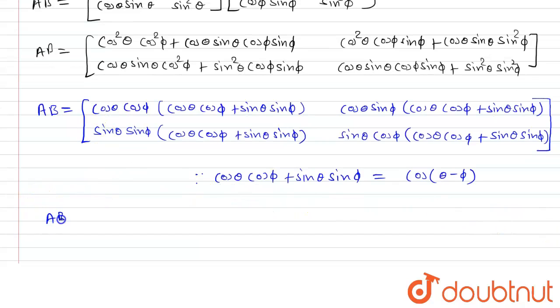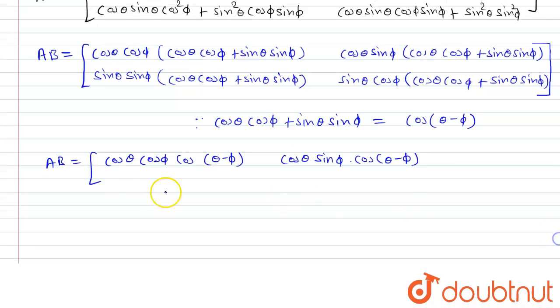Now AB will be: cos theta cos phi multiplied by cos(theta minus phi); the second element is cos theta sin phi multiplied by cos(theta minus phi); the third element is sin theta sin phi multiplied by cos(theta minus phi); and the fourth element is sin theta cos phi multiplied by cos(theta minus phi).